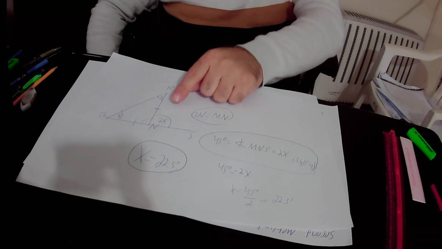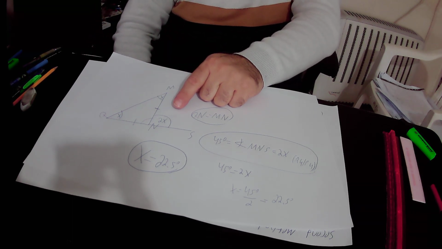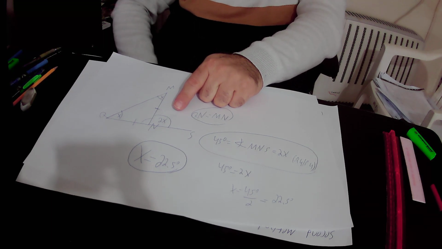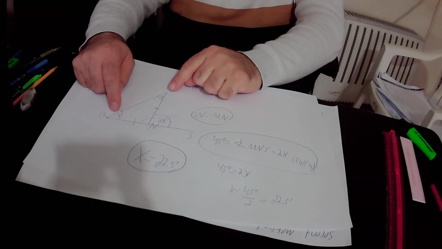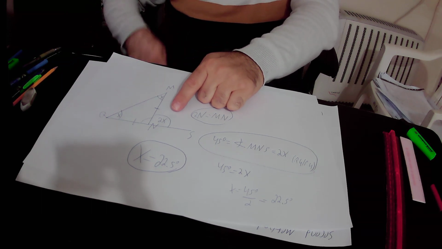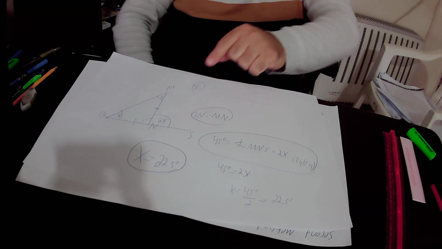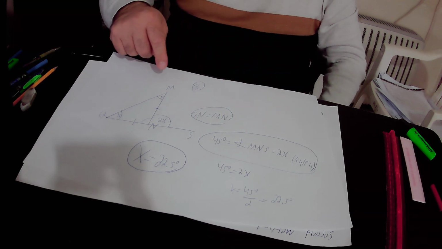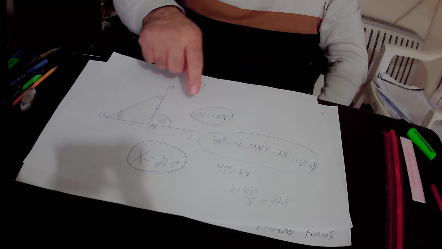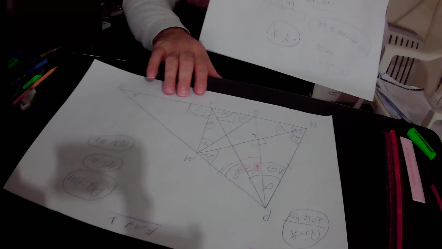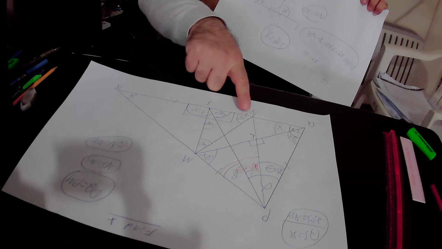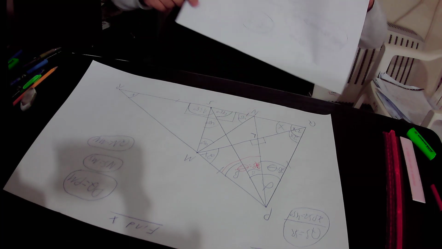And the exterior angle of triangle MNQ will be equal, according to rule number 4, to the sum of the angles that are not adjacent to it. That is to say, it equals x plus x, that is 2x. So according to rule number 4, the value of angle MNS is equal to 2x. But we have already found out that angle MNS equals 45 degrees.